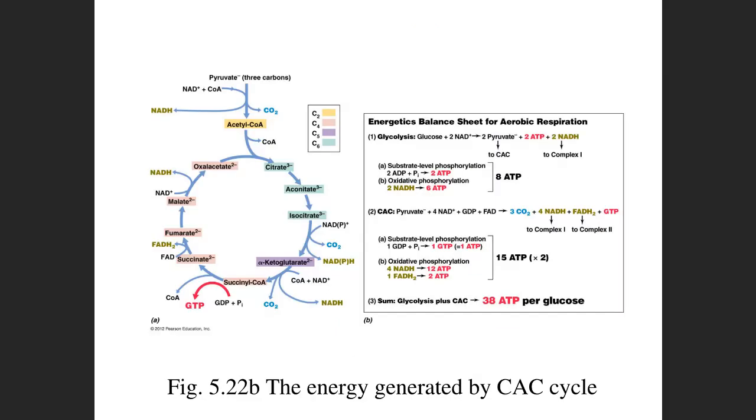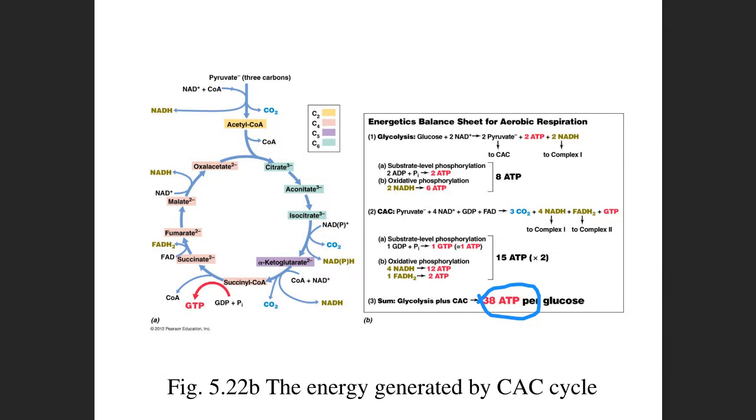So this slide summarizes all the energy generated from glucose to the complete burning to CO2. Okay, and it generates 38 ATP. Now if there's any slide that is very important, it is this slide.